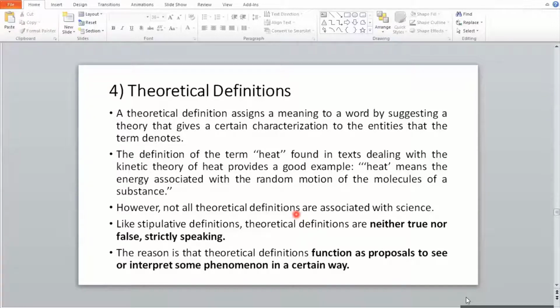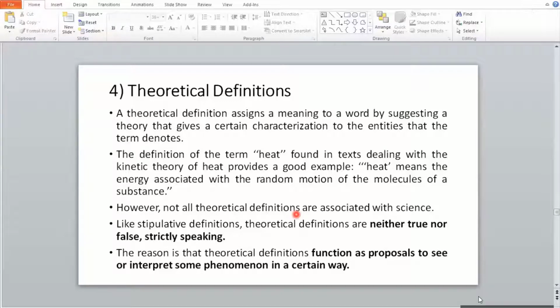The new words may be supported by some theories at the present time, but the remaining other words may not. So, like stipulated definition, theoretical definition is neither true nor false, strictly speaking.